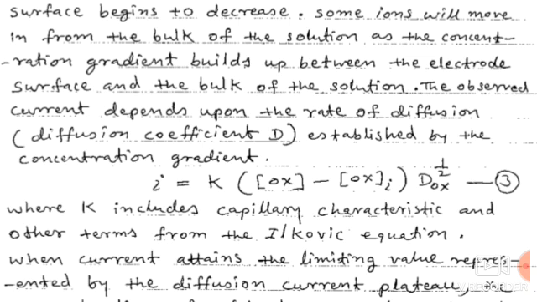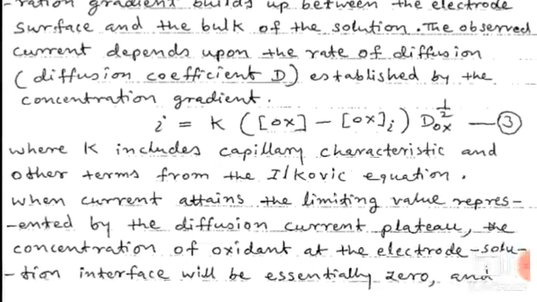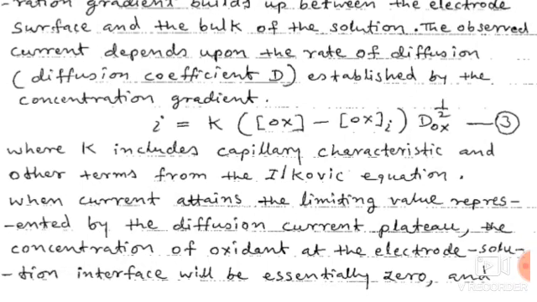So i is equal to K into the bracket of the concentration of oxidant minus the concentration of oxidant at the electrode interface, into D oxidant to the power half, where K includes capillary characteristics and other terms from the Ilkovic equation.